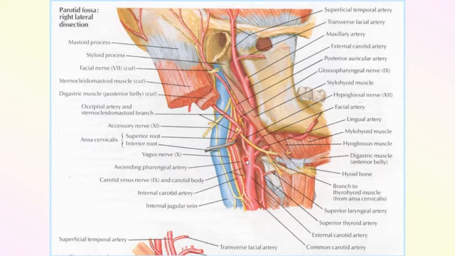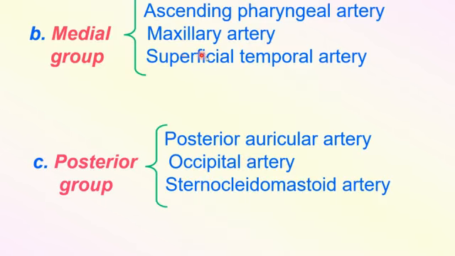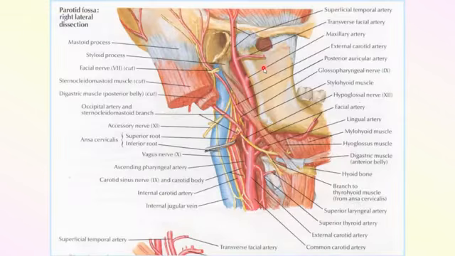So I'm going to skip the next two medial branches, the maxillary artery and the superficial temporal artery, and talk about the posterior branches of the artery.